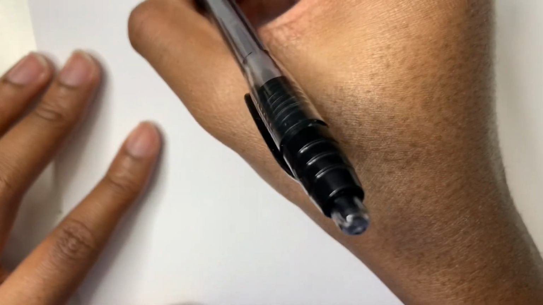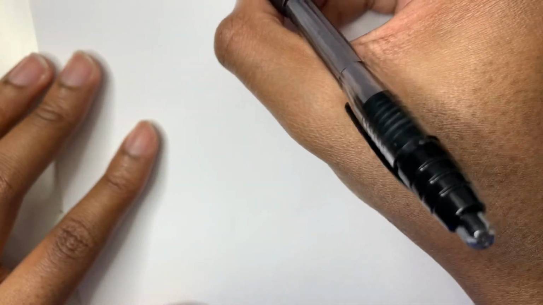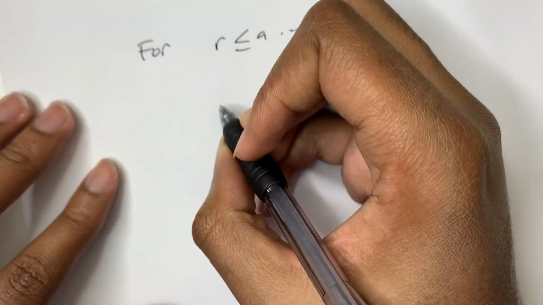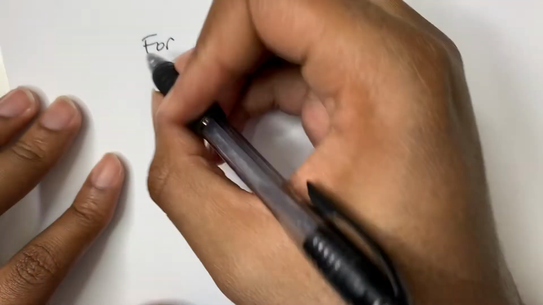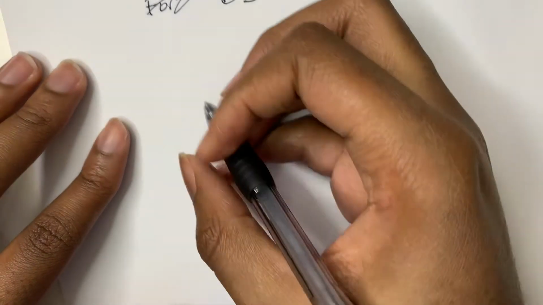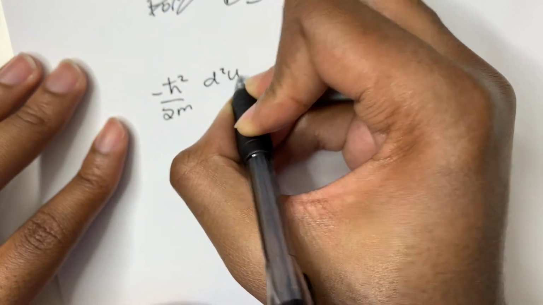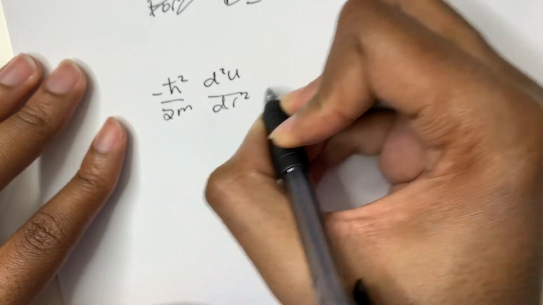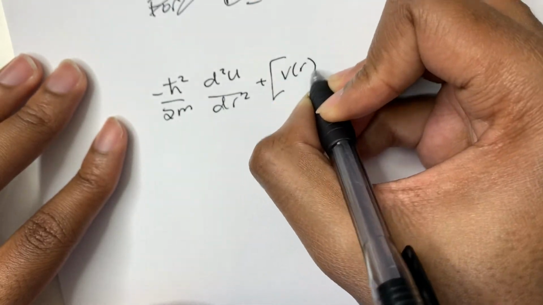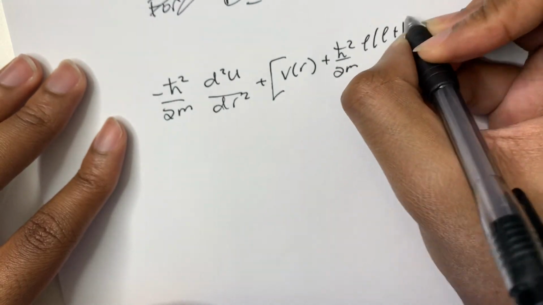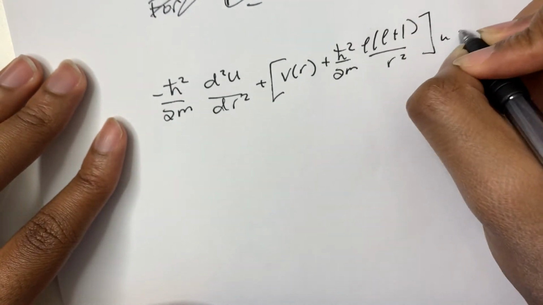So for r less than or equal to a, let's write out our radial wave equation again. The radial wave equation is minus h bar squared over 2m d squared u dr squared plus V of r plus h bar squared over 2m l times l plus 1 over r squared u equals E u.